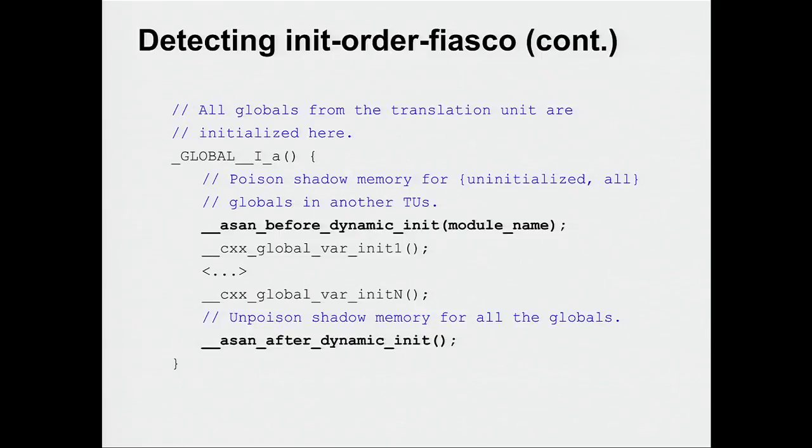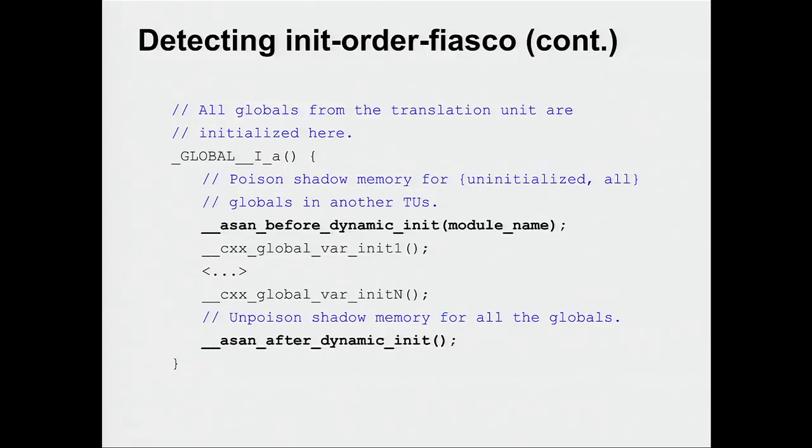That is, if you have multiple functions that initialize the globals, like the global var init functions emitted by Clang which eventually go into the binary, we insert 2 function calls before and after each dynamic initialization block from a module, so that if we are between these 2 function calls, we assume that we are running a dynamic initialization of the translation unit with that module name. And it means that we essentially forbid the access to globals from any other translation units between before dynamic init and after dynamic init.